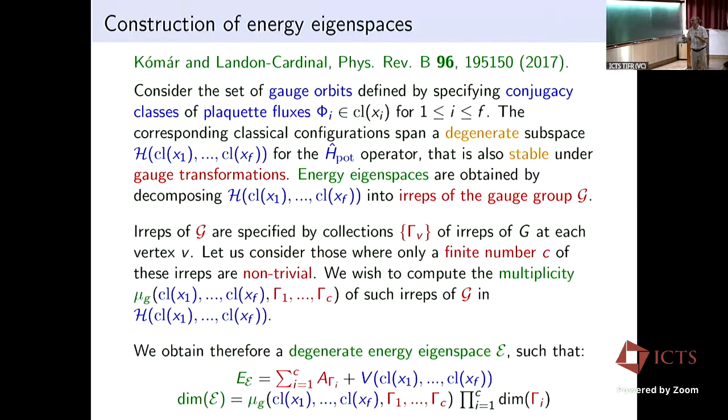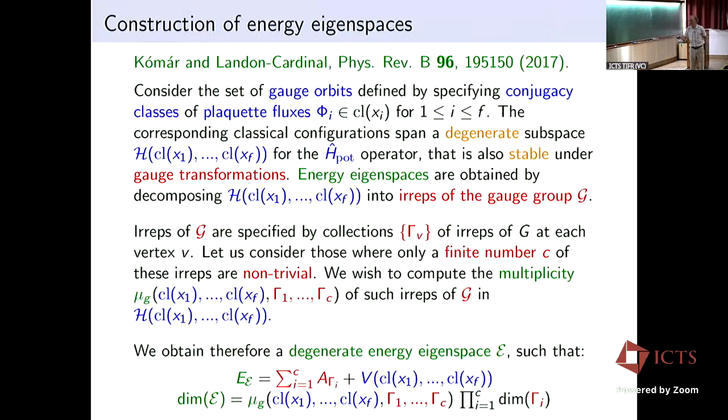And the punchline is that the multiplicity, the dimension of this degenerate energy eigenspace, is a product of two factors. There's one that depends explicitly on everything, conjugacy classes and charges, and it will be computed using the Bais, Moore-Seiberg formula that Julien gave us, using the Drinfeld center of the Vec G category.